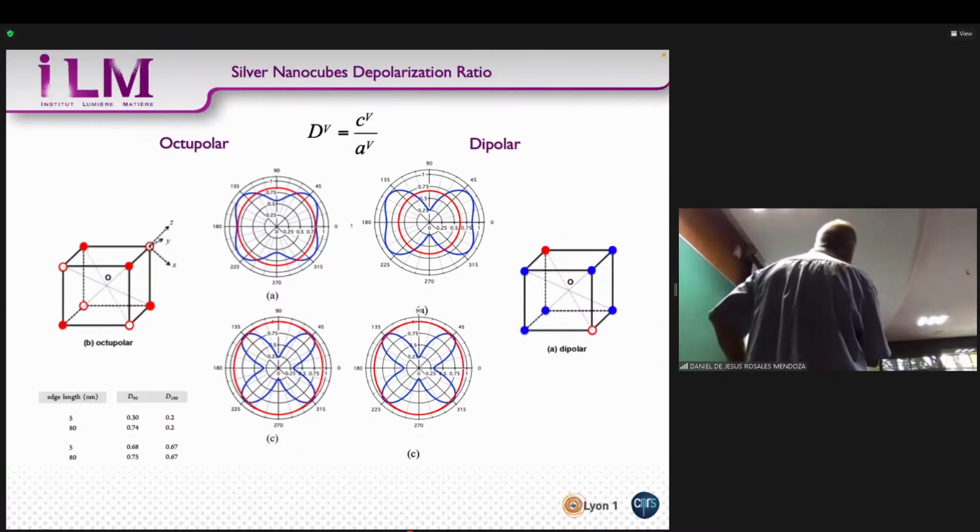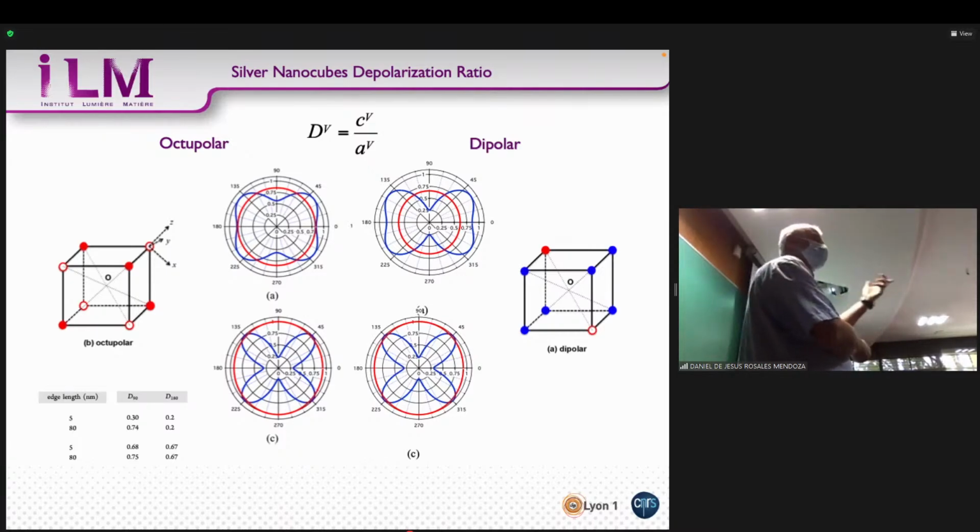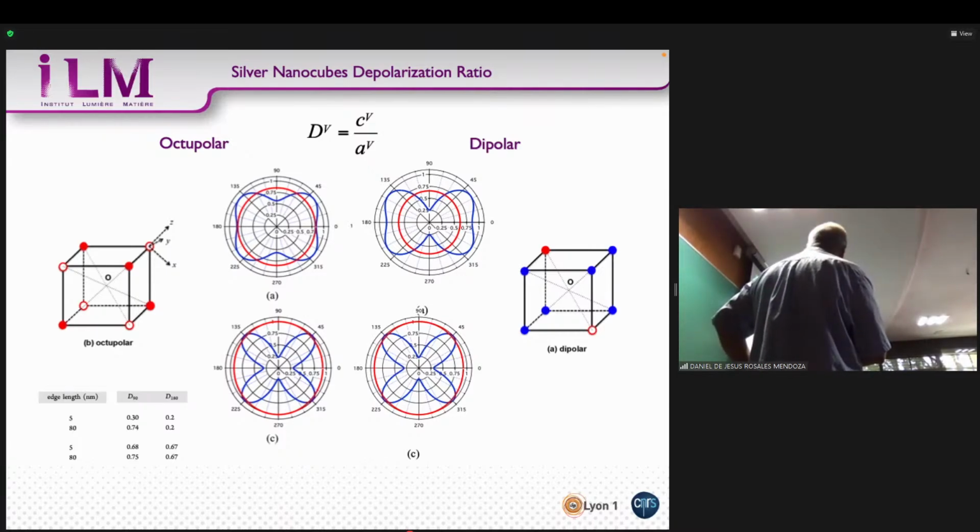We use this coefficient now, which is the ratio of the CV and AV. Okay? So let's see what that means. If we take a cube reduced to the 8 corners, there's this way, which is the octupolar mode, where you see that any corner is on the edge related to another type, the other type of corners.